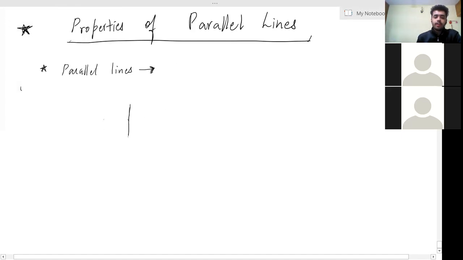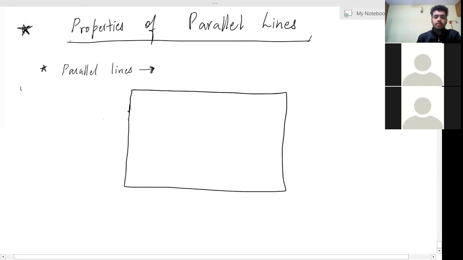So if I take a plane, for example, like this, and I draw two lines which will never meet each other, then I can call them parallel lines, right? These can extend in either direction, but they will never meet in this plane. So now you know what a parallel line is.